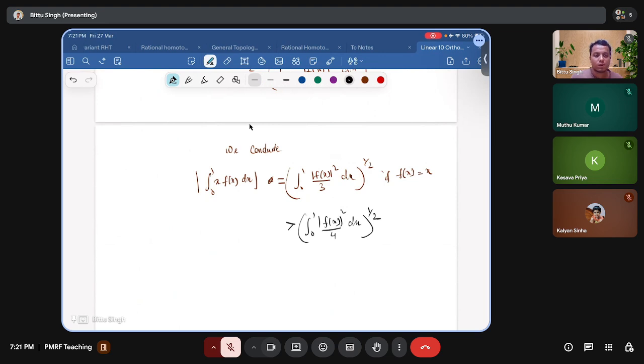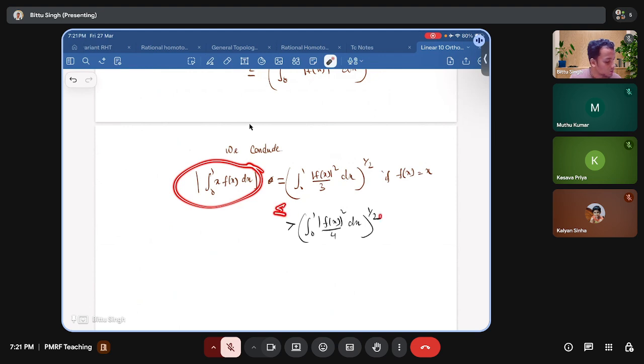So you cannot say that this is less than or equal to this, because we can find a counter example. If we choose f(x) equal to x, this can never be less than or equal to this. This is always strictly greater than this thing.